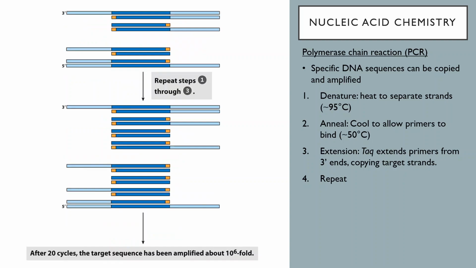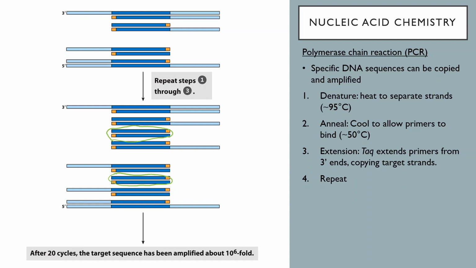Then you keep going. So you do that over and over and over again, and each time you've copied just that internal sequence, just that part you were after. After every cycle, this happens again. You heat it again, the primers bind again, you extend the primers again. Every time you end up doubling the number of copies of your target sequence.